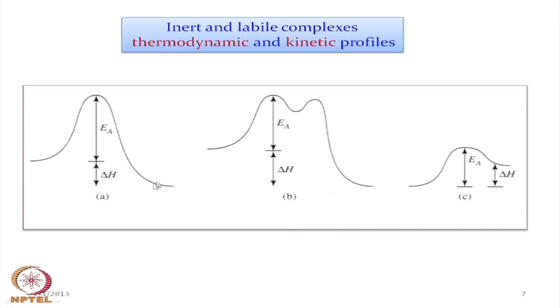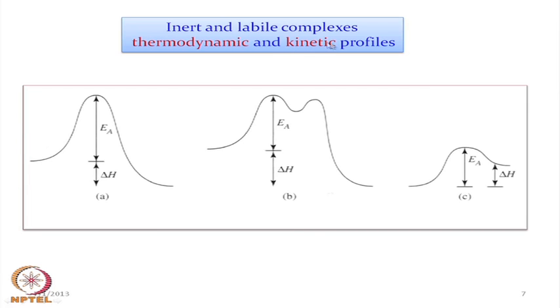So, in these first two cases, delta H is small, and we have a large equilibrium constant, that means it has thermodynamic stability. That means these two cases are stable metal complexes.